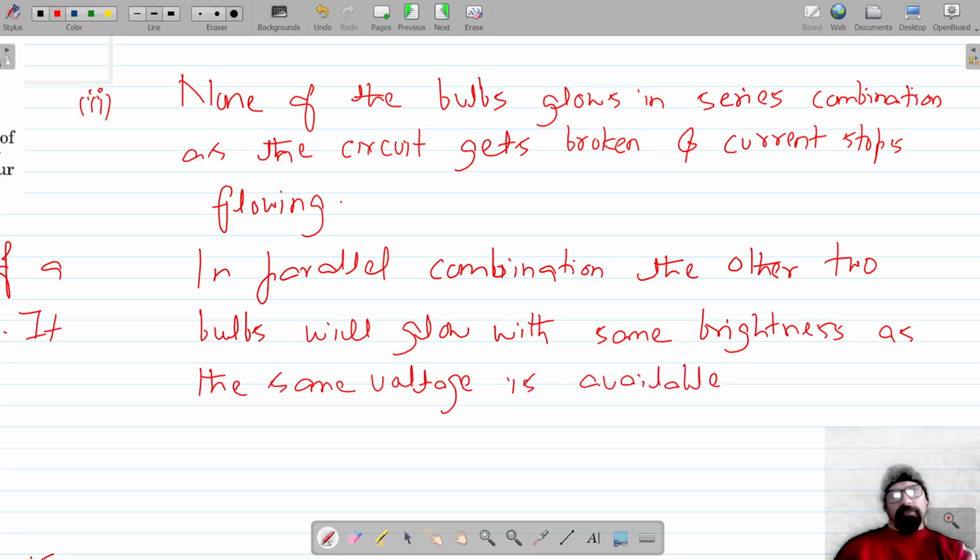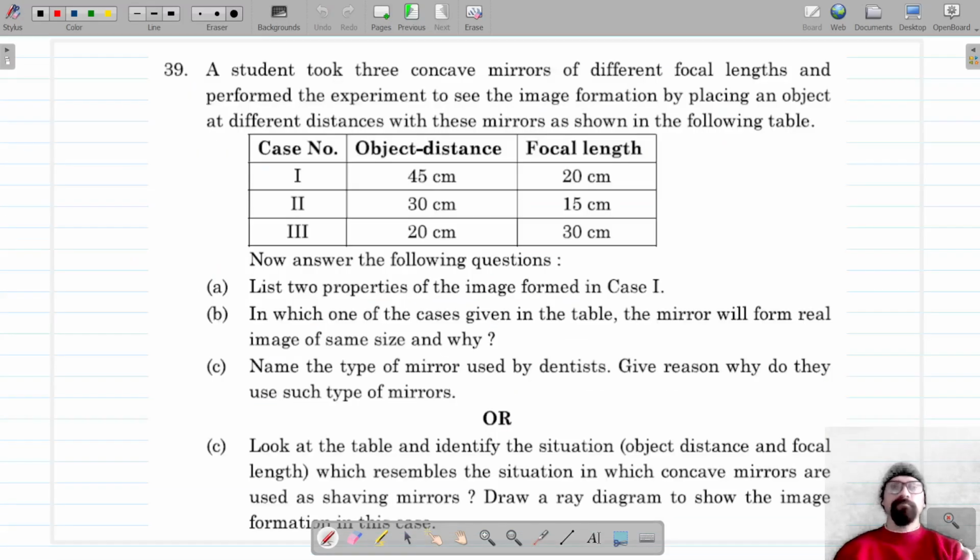And this is because the potential difference across each device in a circuit in parallel combination is the same. So in parallel combination, the other two bulbs will glow with the same brightness. So this is the answer for this one. Let's move on to the next question.